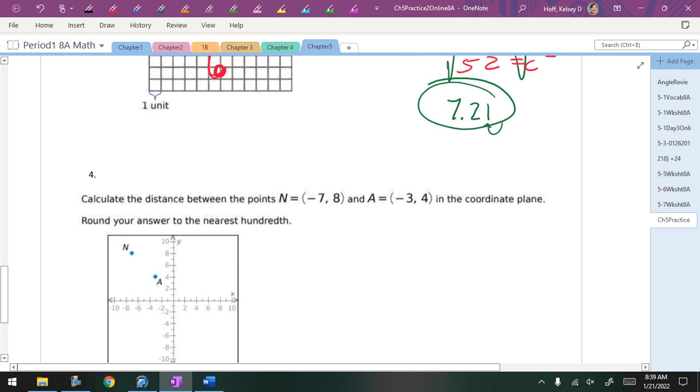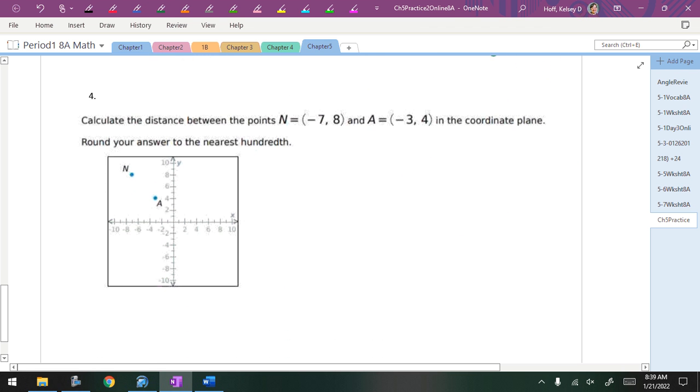Okay? 4, calculate the distance between n, which is (-7, 8), and a, which is (-3, 4). Round to the nearest hundredth. Now I'm going to make you do this differently. Some of you are drawing a triangle on there, but remember this is going to be on your computer screen. So drawing that triangle may not be as easy. So another way we can do this, remember, is to subtract our coordinates.